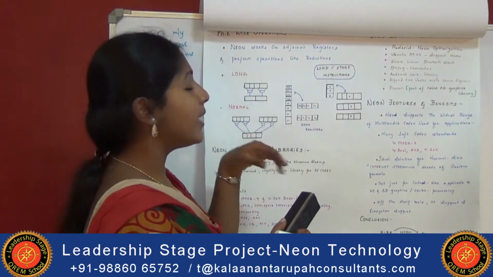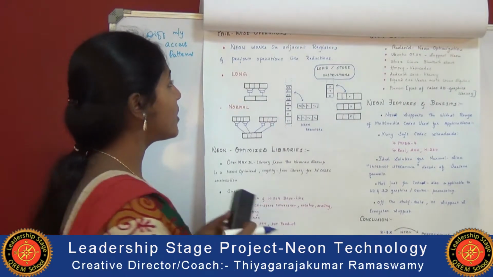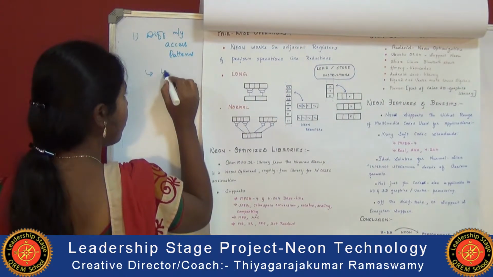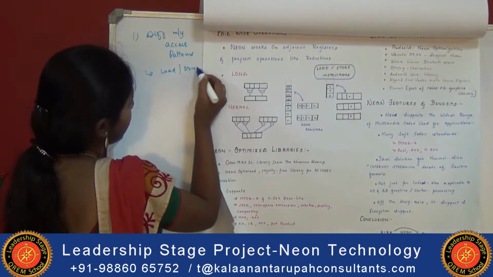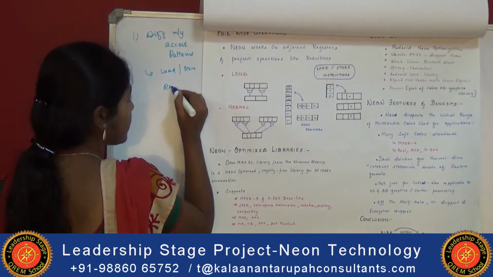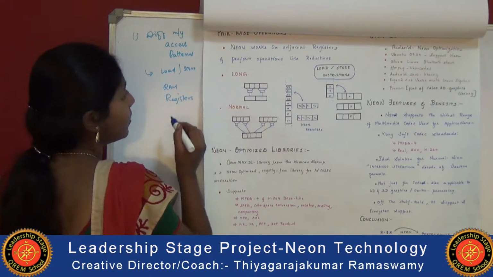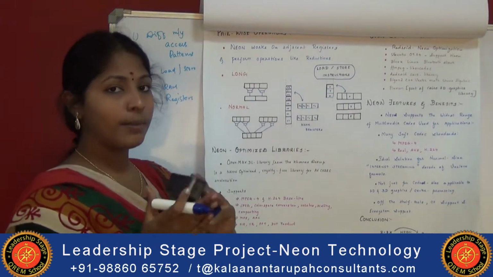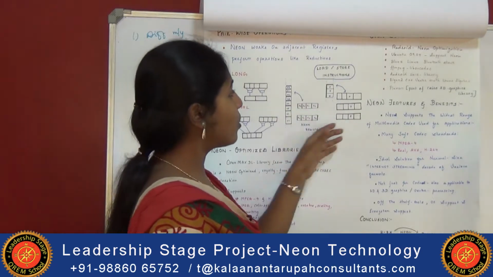So this is the example, and it can use some unaligned transfers also. This instruction can be used to load from or store to random access memory, RAM, or registers, and this is an example of this load or store instruction.